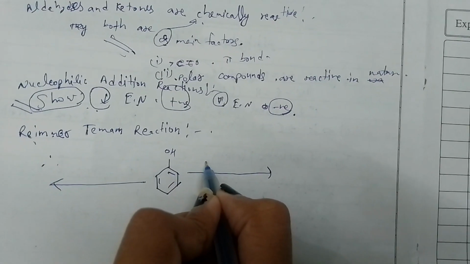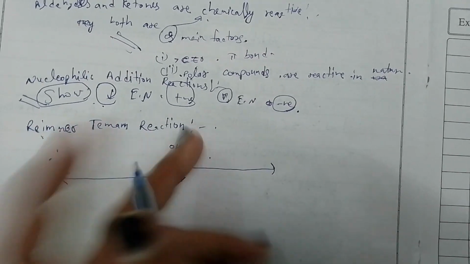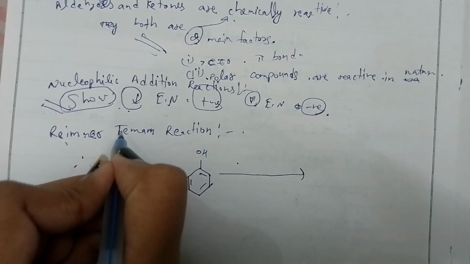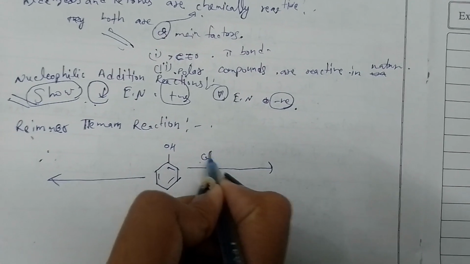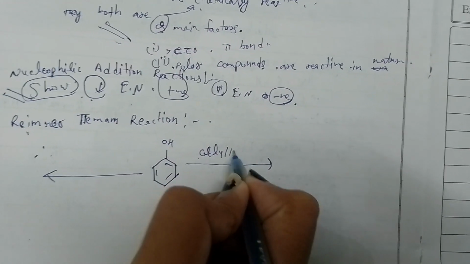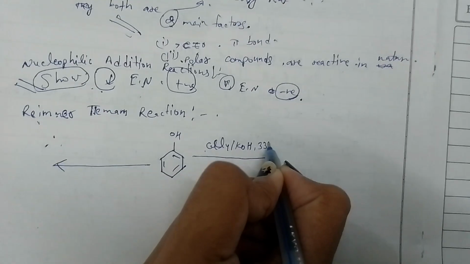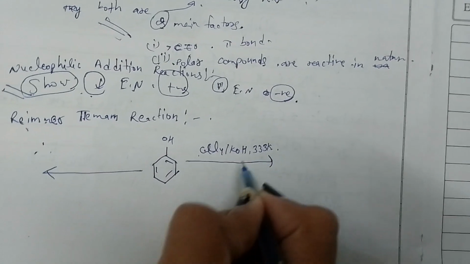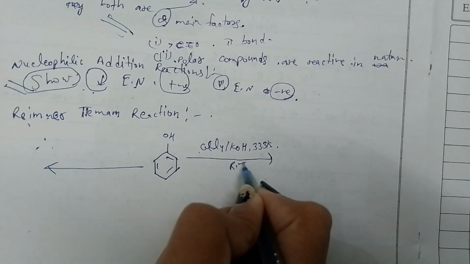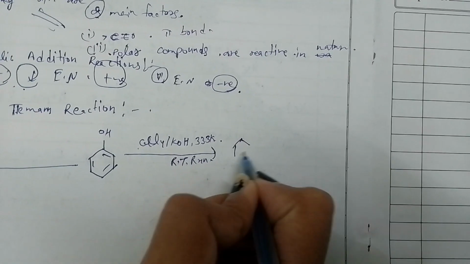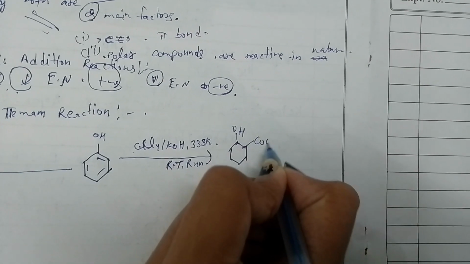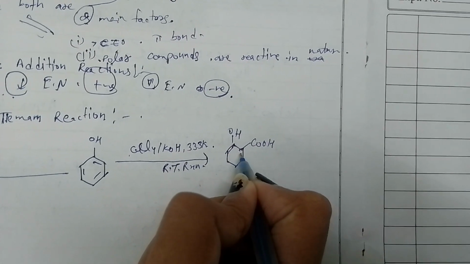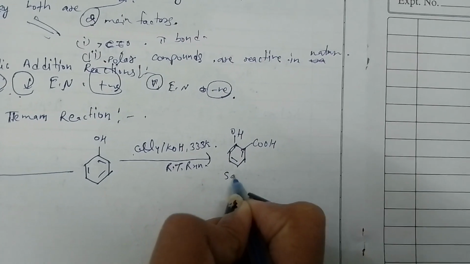For the first reaction we use the Reimer-Tiemann reaction. Here we will add CHCl3, chloroform, and KOH at 333 Kelvin temperature. Now we will see the next product, which is salicylic acid.